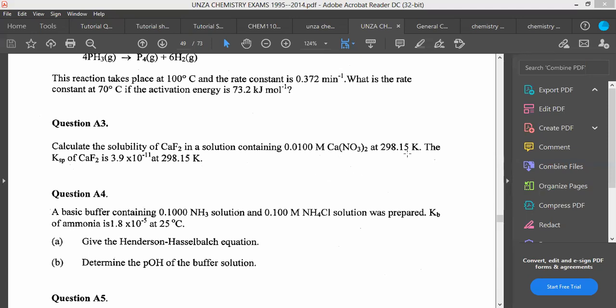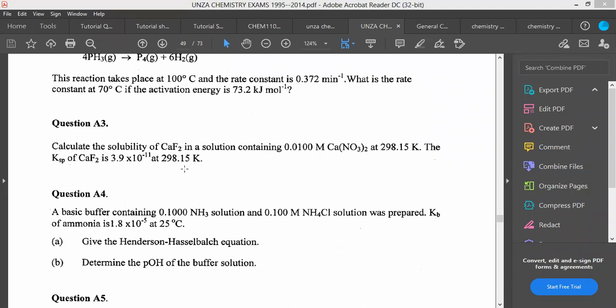When you do that, look at the power here for the Ksp. The power is very small, negative 11, meaning x is negligible. So you write the assumption.